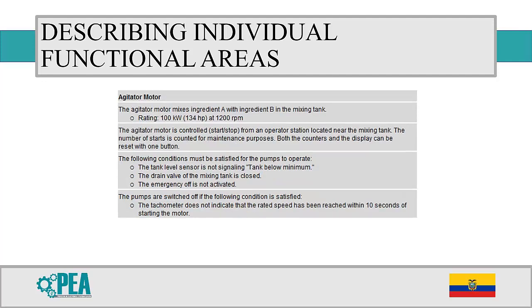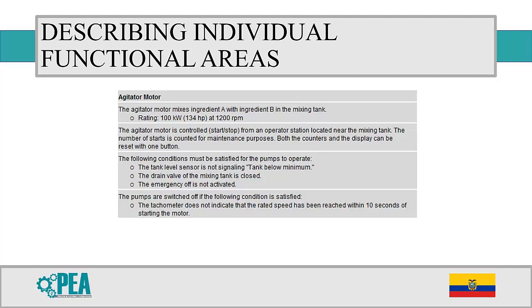Okay, now I'm going to explain the agitator motor. The agitator motor mixes ingredient A with ingredient B with a rating of 100 kilowatt at 1200 RPM. Again, this is the perfect occasion to start ordering your equipment.